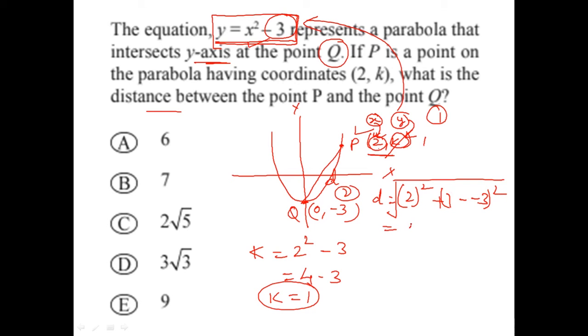What do we have? 2 square is 4 plus 1 minus 3 is minus 2, so minus 2 square is 4. Sorry, 1 minus 3 is minus 2, so 4 plus 4 is 8. So we have under root 20, which is 5 fours are 20, 2 comes out, and under root 5. 2 root 5 would be the correct answer.